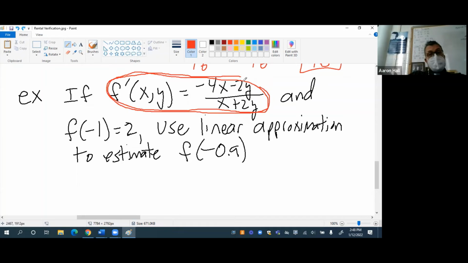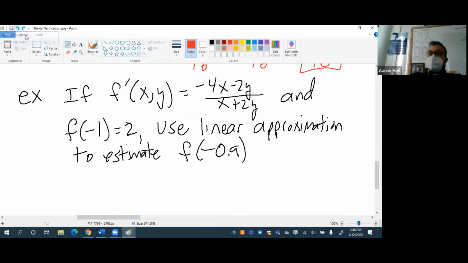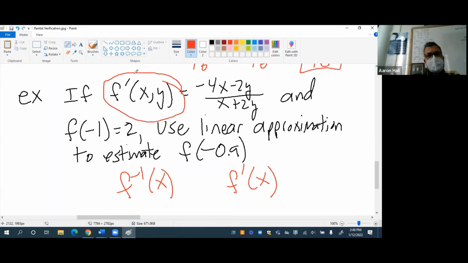That's the derivative. And the derivative means what? The inverse? Is this the same thing as this? No, they're not. What does the derivative give us?